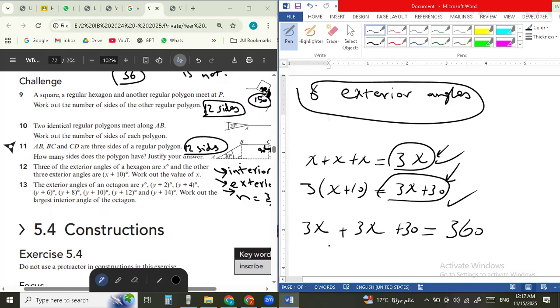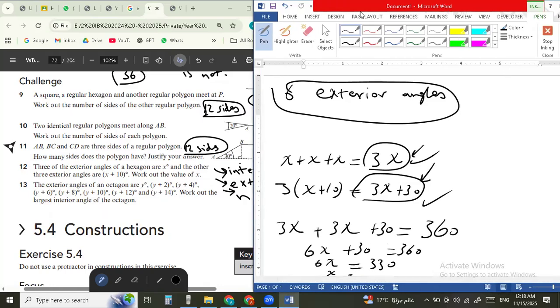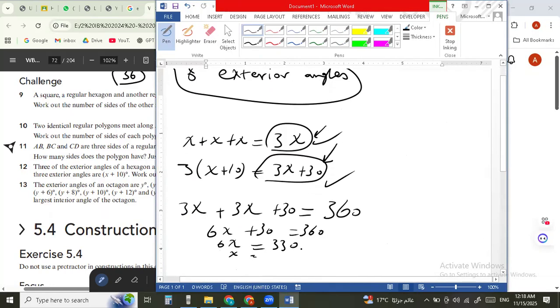So 3x plus 3x is 6x, plus 30 is 360. Send the 30 to the other side, so 6x equals 330. So x equals 330 divided by 6.